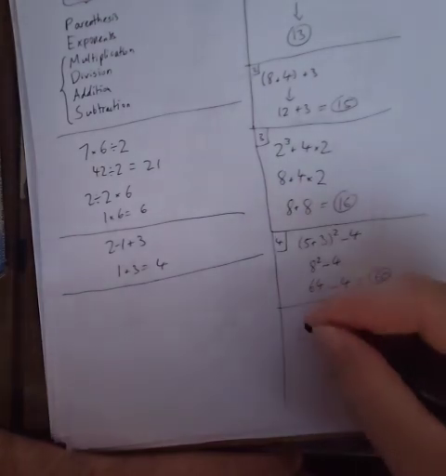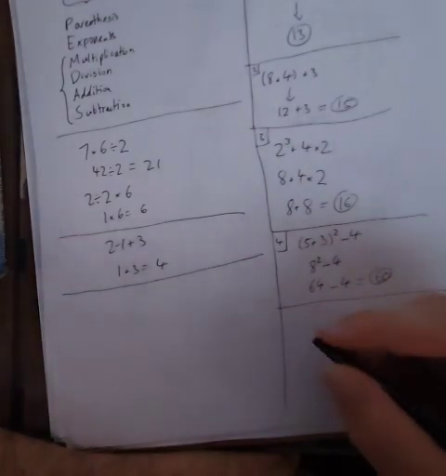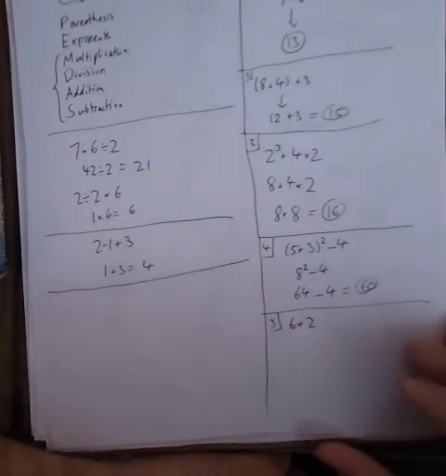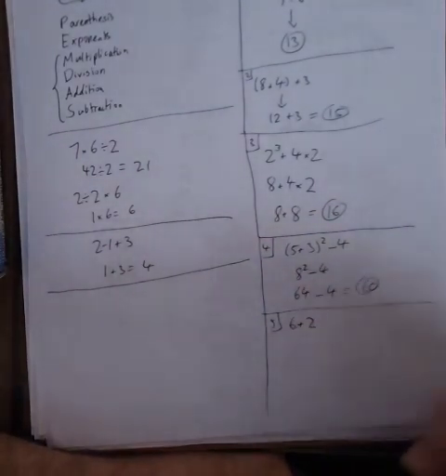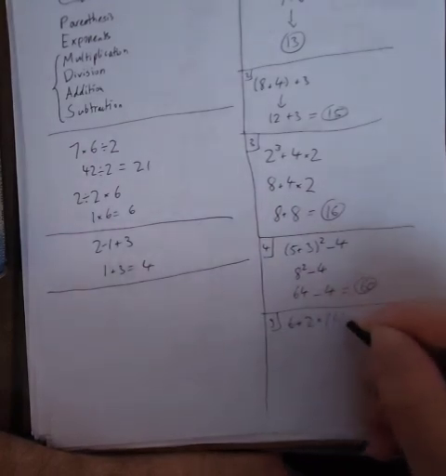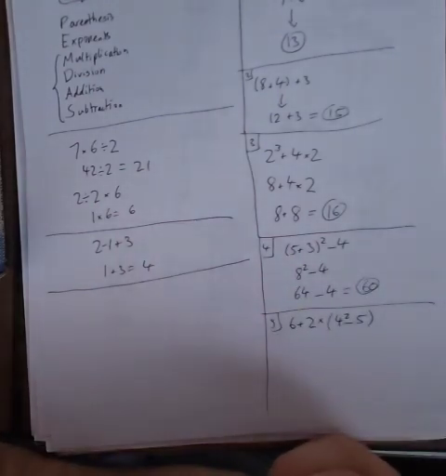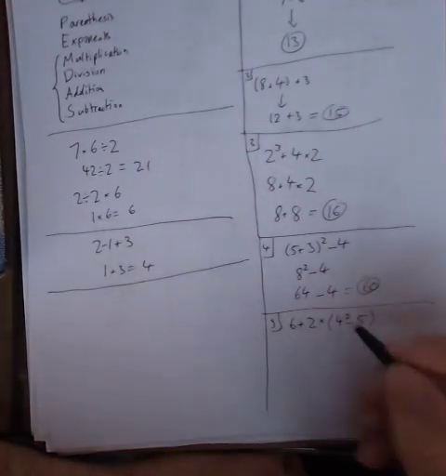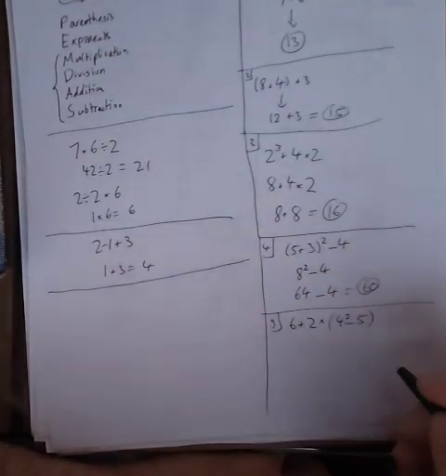Another example here: 6 plus 2 times, in parentheses, 4 to the power 2 minus 5. So we have to look at the parentheses. What's in the parentheses? Because that comes first. 4 to the power 2 minus 5.